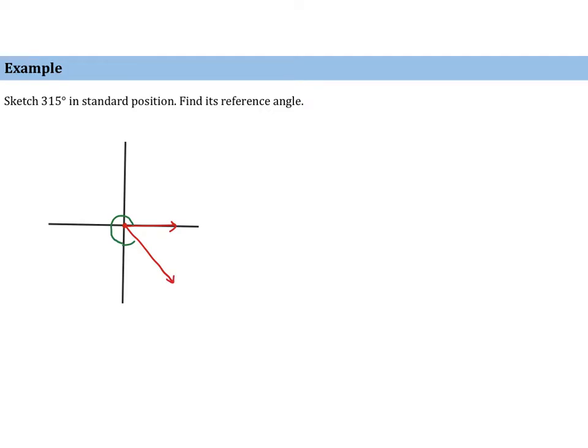So therefore, our angle that's left over is 45 degrees. So if we draw that acute angle to our positive x-axis in this case, we have 45 degrees. So the reference angle is 45 degrees.